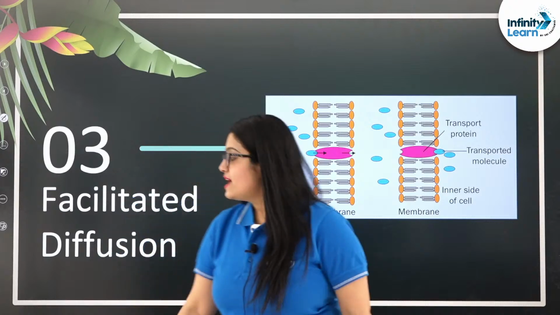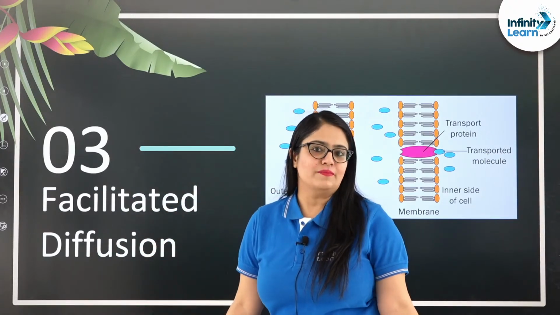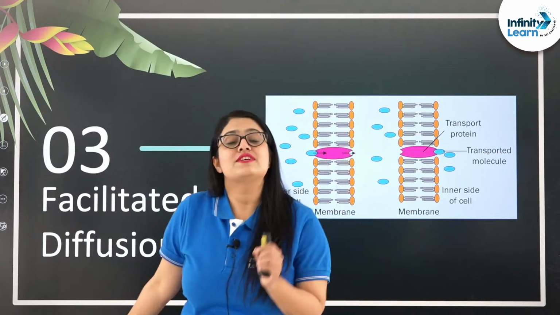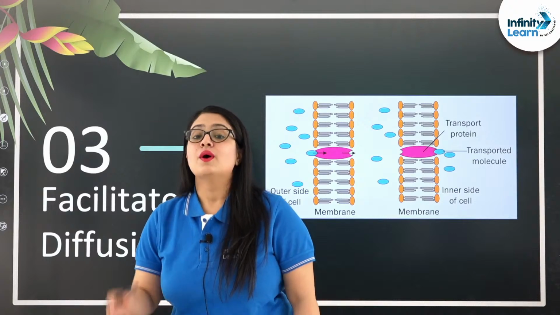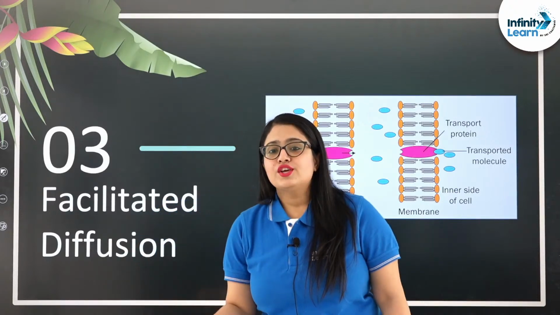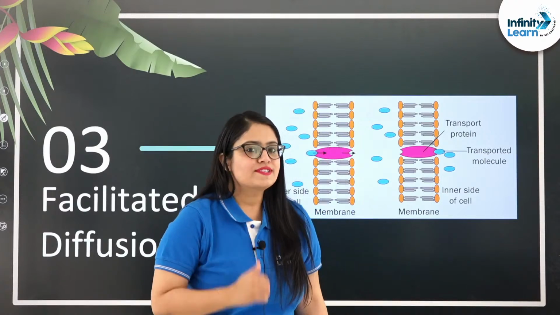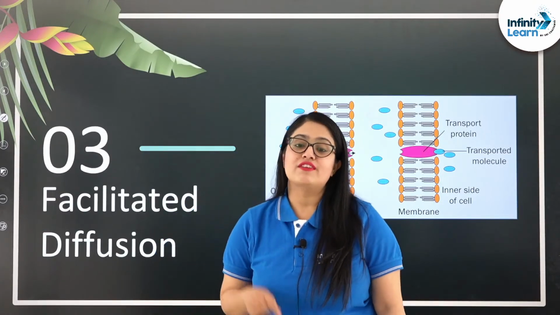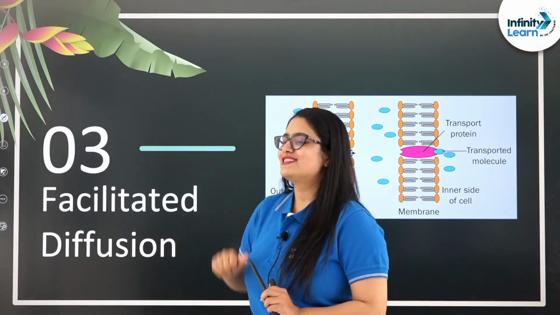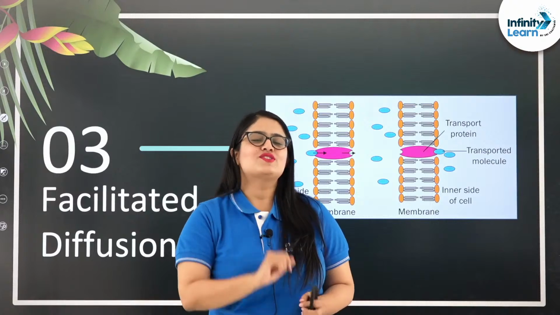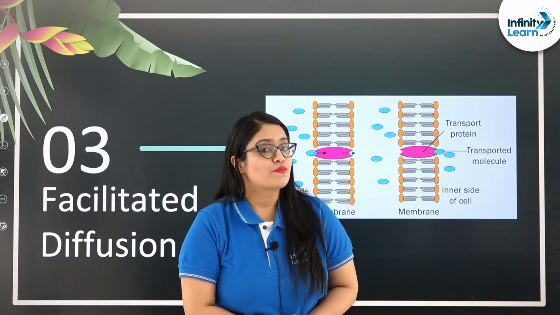The name is facilitated diffusion. It is also a type of diffusion only, but it is not simple. It is facilitated diffusion. Why is it facilitated diffusion? Because here the movement or the transport of substances across the plasma membrane will be facilitated. I repeat myself, in this type of diffusion, movement of substances will be facilitated by membrane proteins.